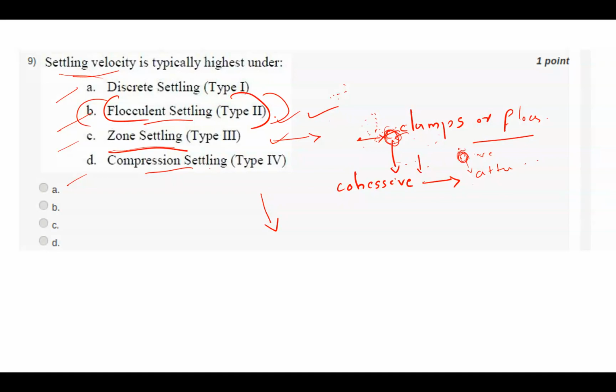Okay, that is due to this compressive force. See, in flocculant settling, it becomes a clump, but it doesn't have the interactive force between each other. That force will be less for the flocculant. That's why it will move faster with higher velocity in the settling chamber.